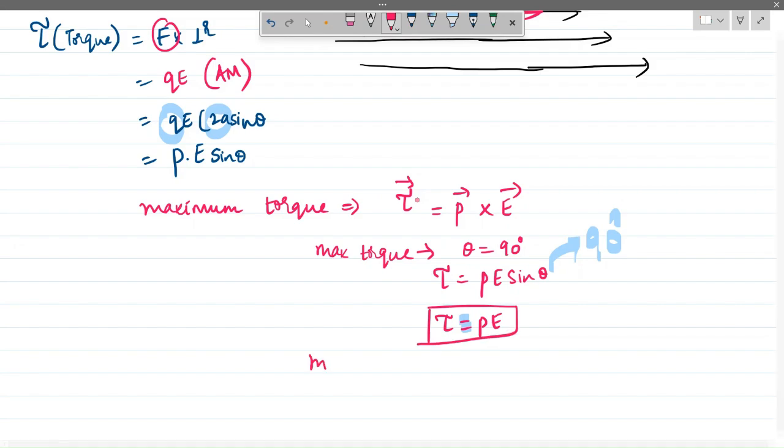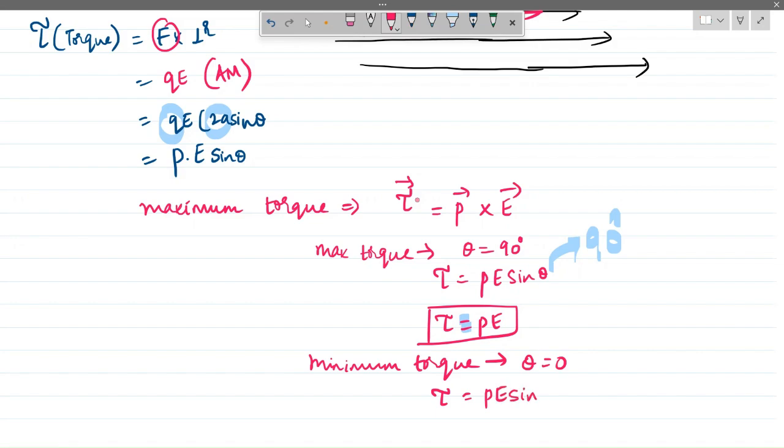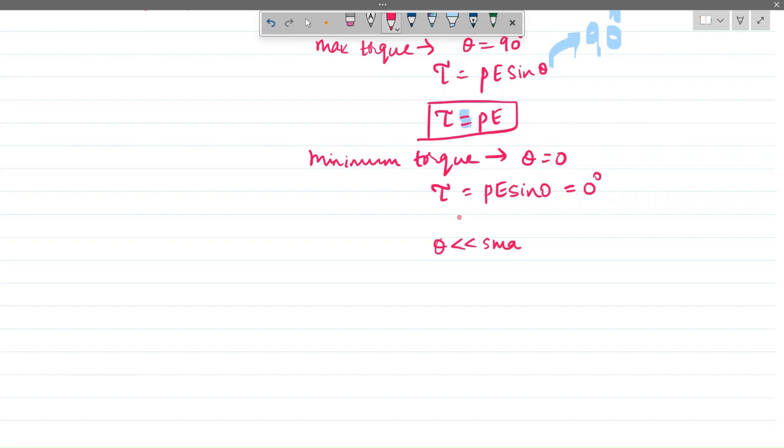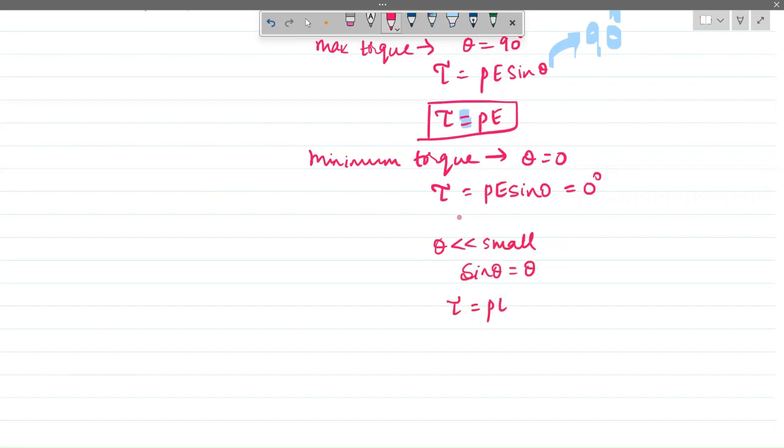The minimum torque is at theta equal to 0, that means tau is equal to pE sin 0, which is 0. Again, when theta is very, very small, sin theta is equal to theta, so tau becomes pE into theta.